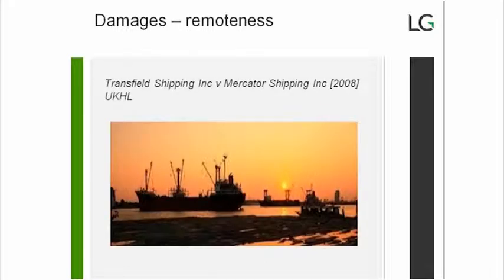The first case I want to have a look at is the Transfield shipping case. And this was a House of Lords case where they confirmed the proper measure of recovery when there had been late delivery under a charter party agreement. It was held that it would not ordinarily be the case, nor would it have been the party's intention, that such a short delay would expose the charterers to considerable liabilities, and the loss was too remote to recover.